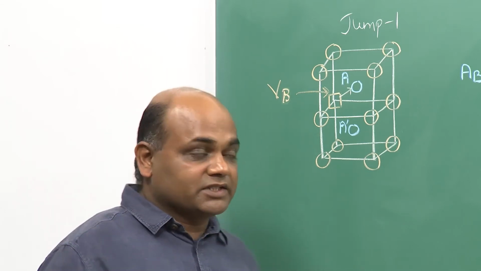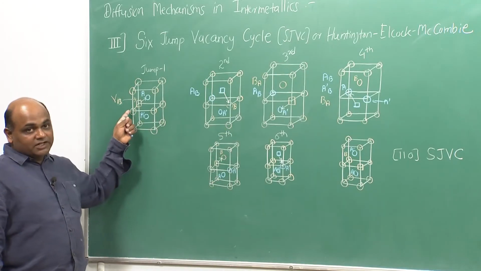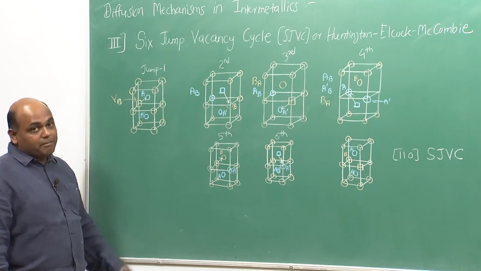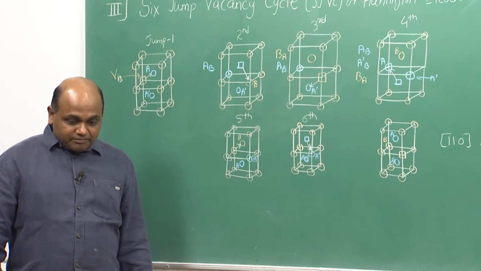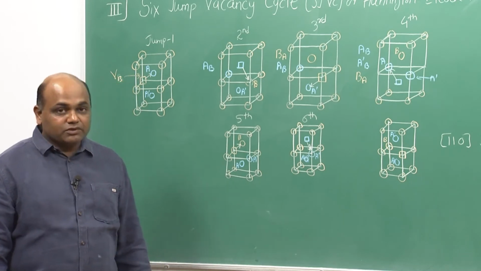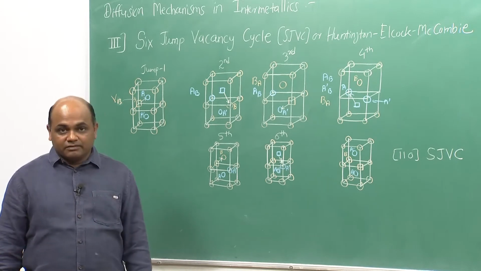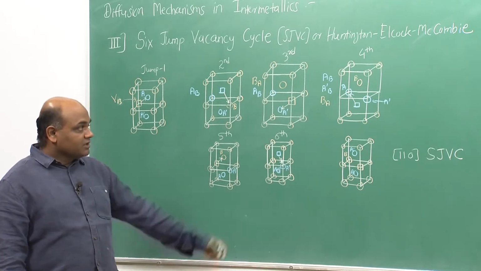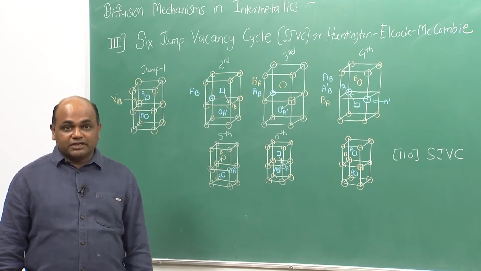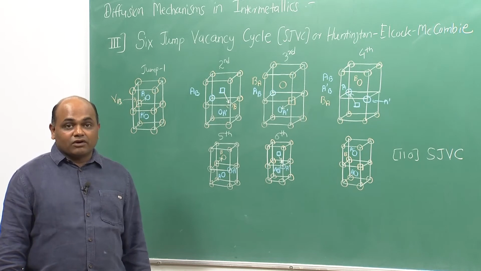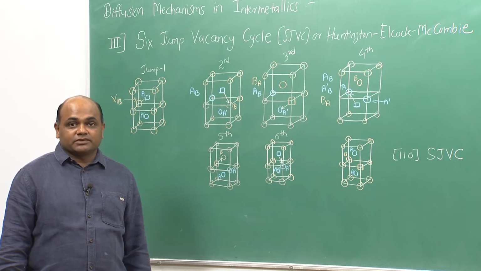That you can do as an exercise, to create a sequence of 6 jumps of straight 100 SJVC and bent 100 SJVC. This mechanism is quite active in B2 type of crystal structures, and particularly in NiAl. Many researchers have shown the energy barrier for SJVC may be much less than the energy barrier for, for example, next nearest neighbor jumps.